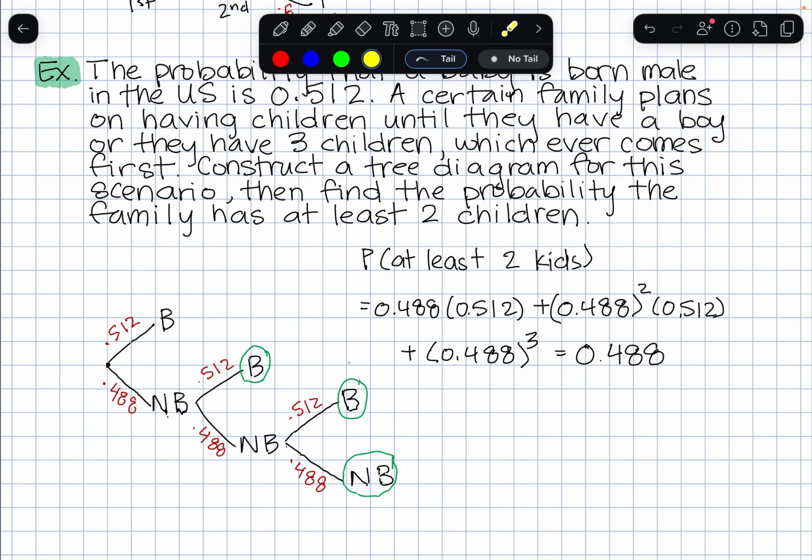And the answer is, this is a complete table with all of the possible outcomes for this family planning method, which means all of the probabilities in this table have to add up to 1. I have accounted for 3 of my 4 possible outcomes. 1 boy, 2 kids, 1 boy, 3 kids, 1 boy, no boys.